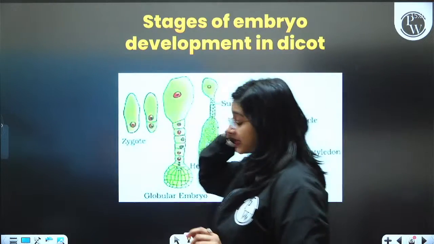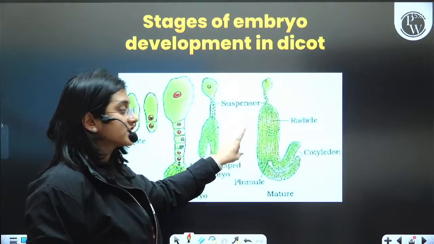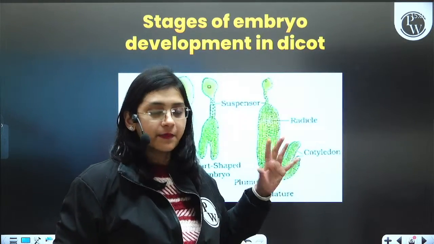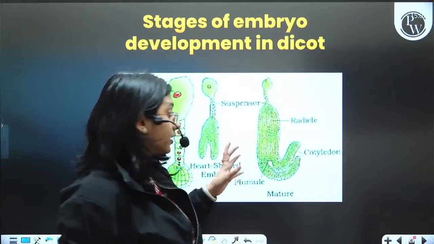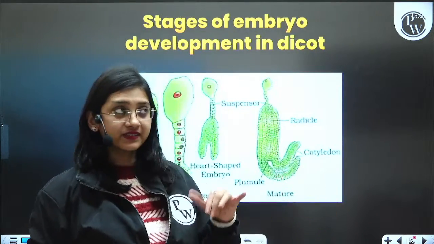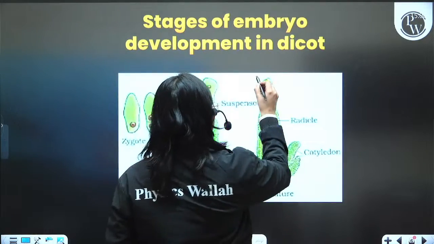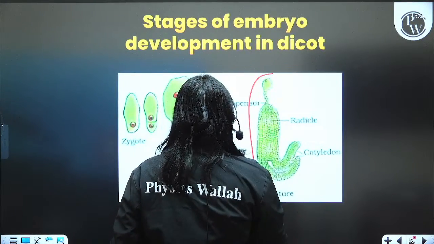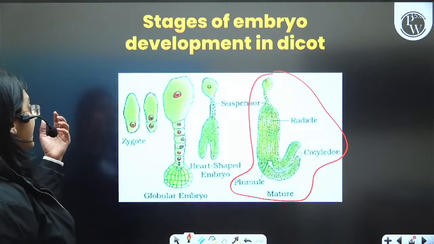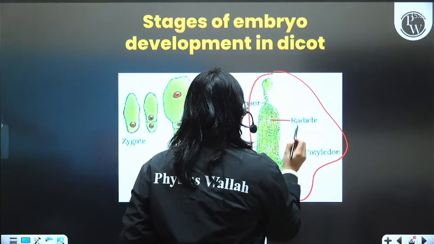And another diagram, now you can get to see the MCQ question, that is a 1 marker MCQ question in part A. I guess in this year's model question paper or sample question paper, they have given the structure of this diagram, a dicot embryo development, and they have asked to label it.